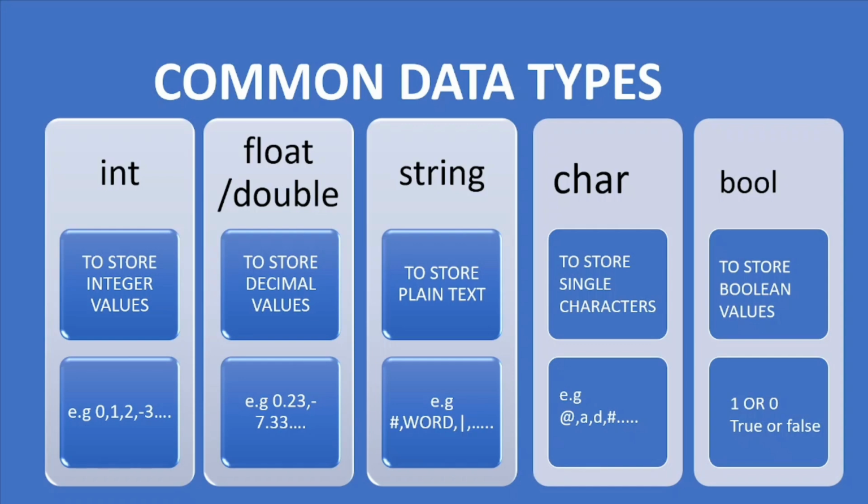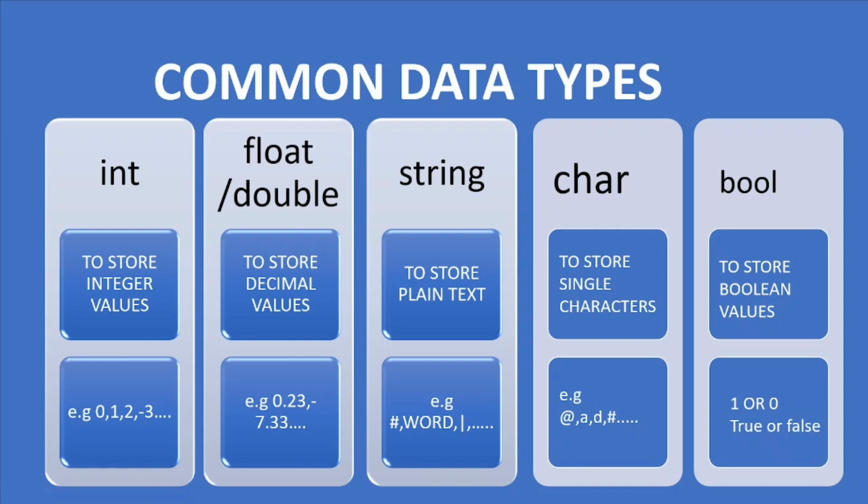The second one is a float and a double. As a beginner, these data types basically store similar values.